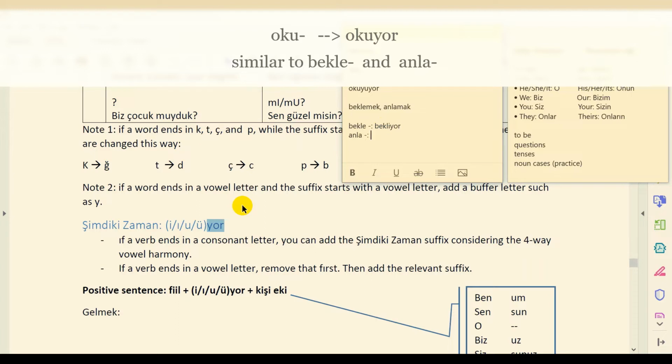Or anlamak. When you are adding the suffix to this, first remove this vowel, now add the suffix. And here check the last vowel letter. The last vowel letter is A, so you are adding this one. Only -yor. As simple as that.